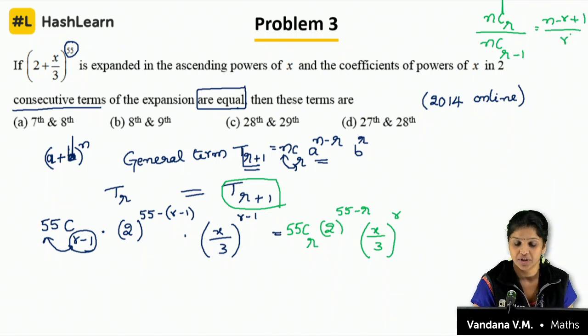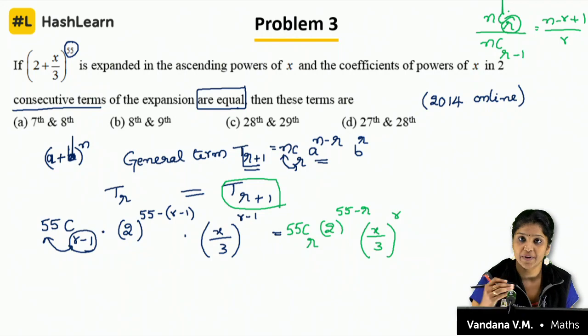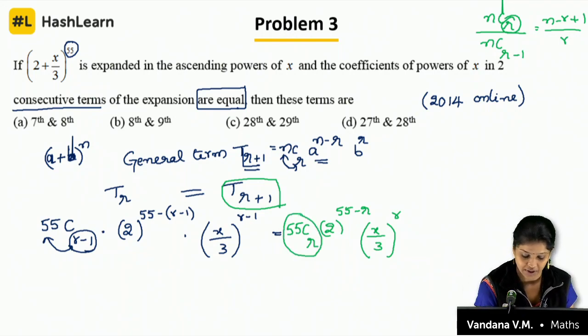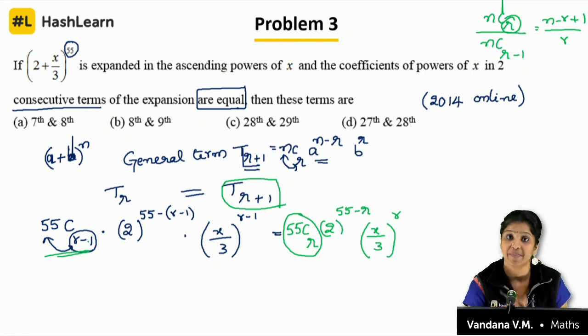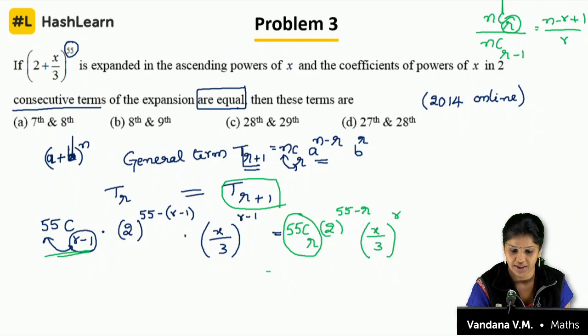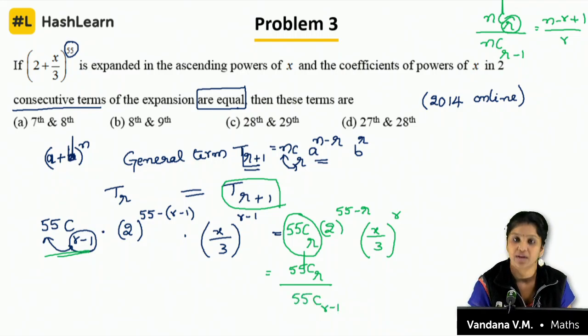For the consecutive terms, the bigger number should be in the numerator. For that, I will keep this side and bring this term, because R minus 1 is less than that, to this side. What will happen? 55CR divided by 55C(R minus 1).